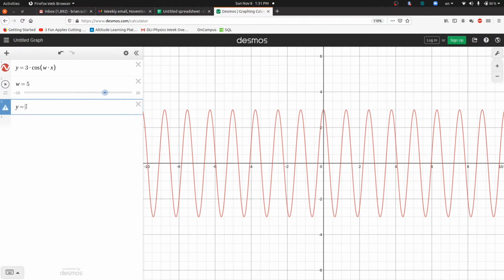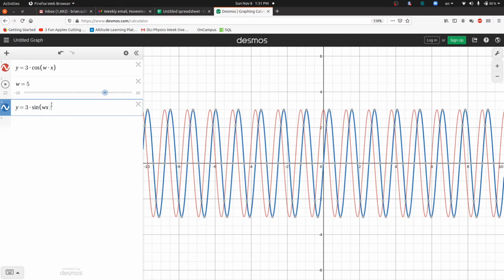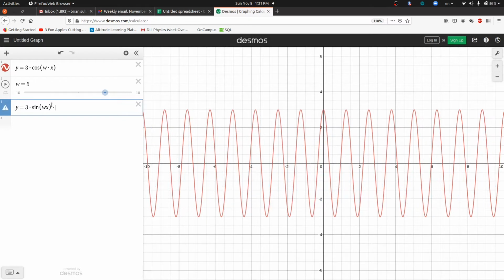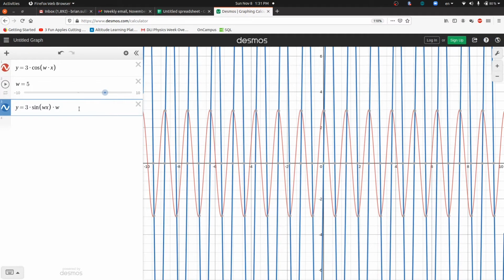You'll learn soon in calculus that this is called the chain rule. The derivative of the cosine of x is the sine of x, but then times the coefficient that's inside, so times the derivative of what we have inside. Let me shrink that down so you can see it.